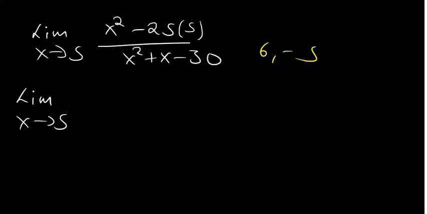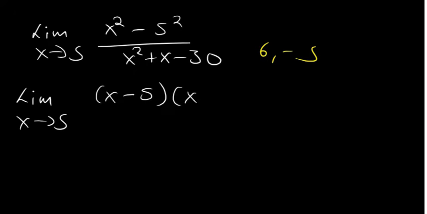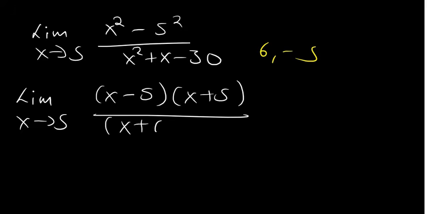You can take it as 5 squared, so that you can have a difference of two squares. So we have x minus 5, x plus 5. For the denominator, we can apply the same concept, factorization of that. Whenever you've got a square of x, just substitute. So we're going to have x plus 6 and then x minus 5.